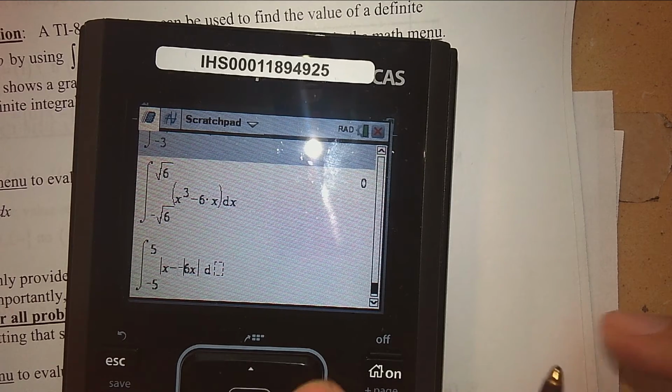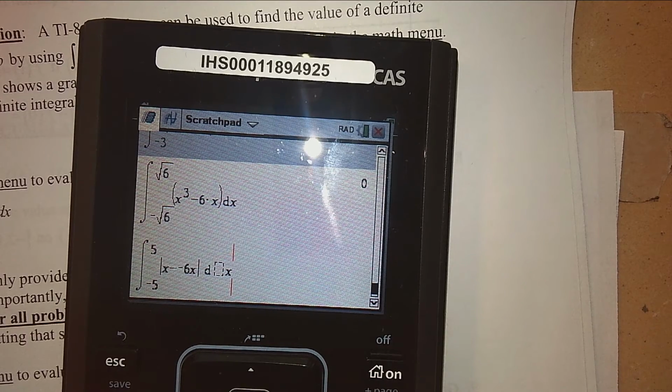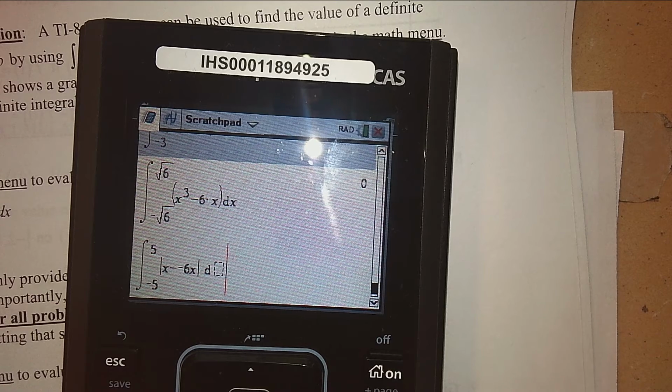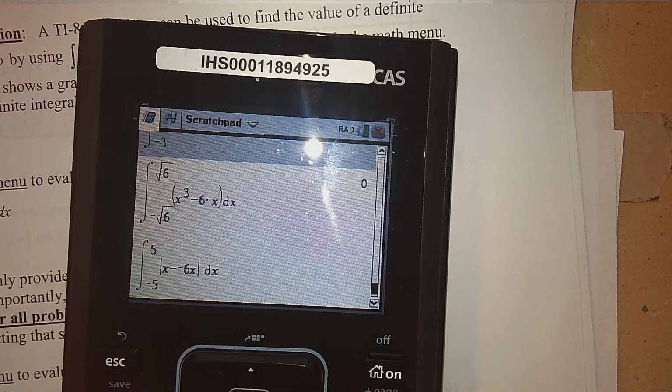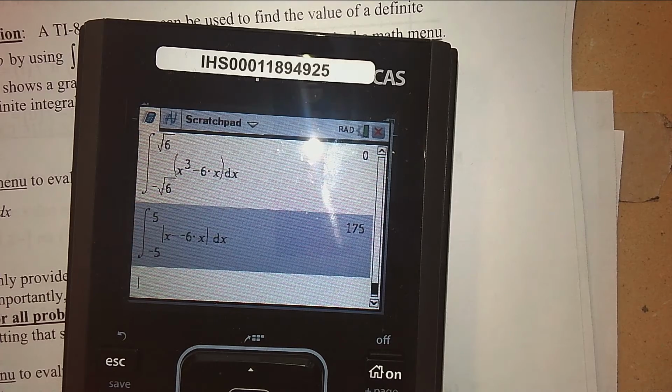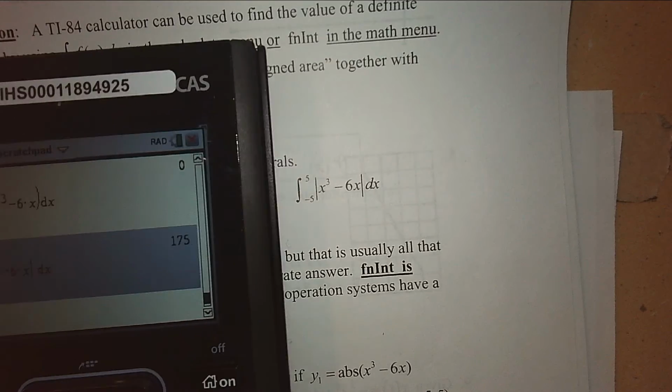All right, in respect to, you're integrating with respect to what variable? Dx. Enter. Oh, it went too far. Go over. There it is. Enter. Yes. Oh, I didn't do x cubed.